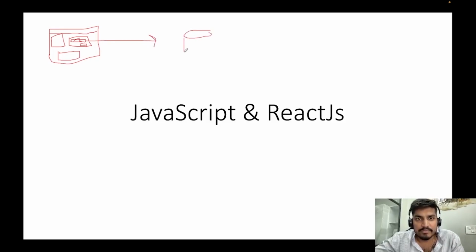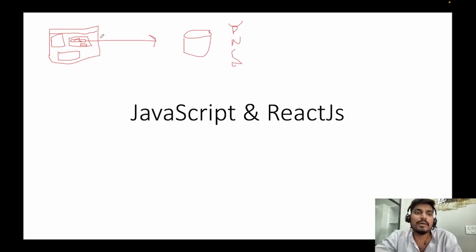Let's say you do a login: your login information, your username, password, your basic profile information like name, email, and other things, whatever information you put in usually goes inside the servers like this. The interaction from the internet web page to the database is mostly handled by the technology of JavaScript.